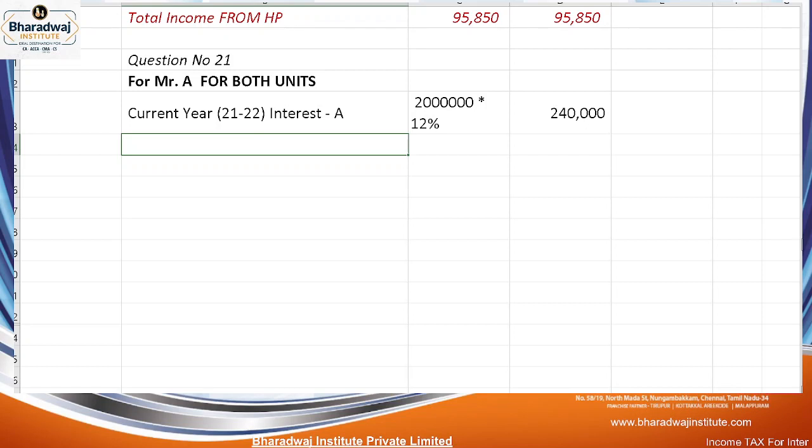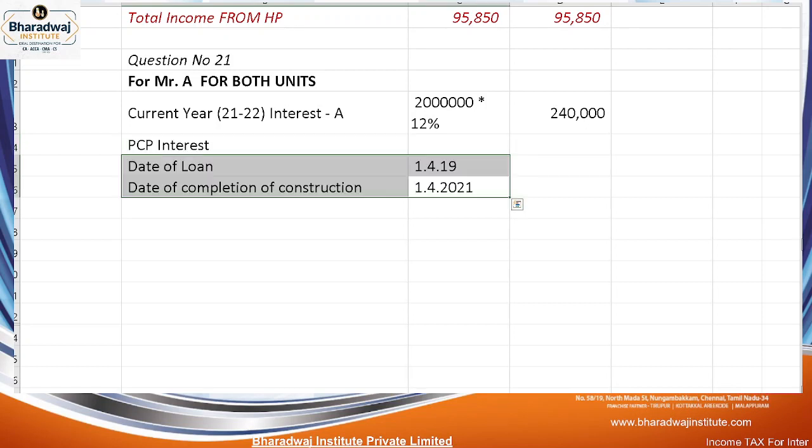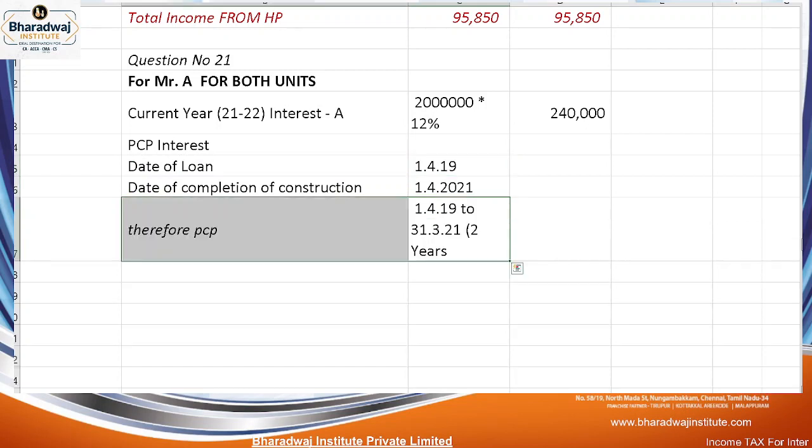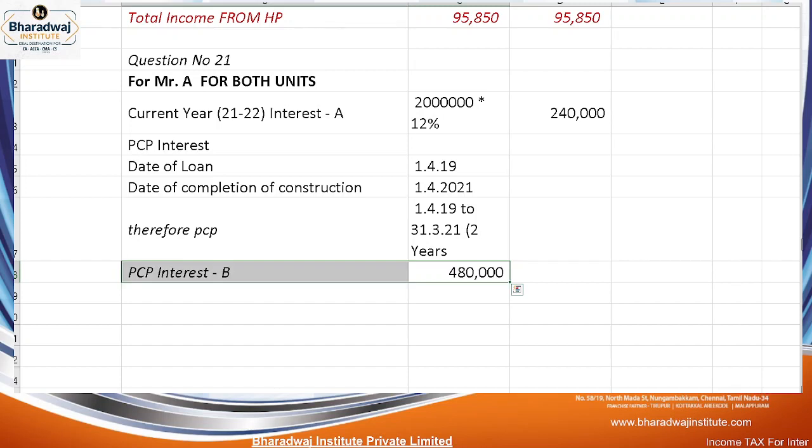Pre-construction period interest. Date of loan is 1/4/2019. Date of completion of construction is 1/4/2021. So, we can take up to 31st March 2021. So, 1st April 2019 to 31st March 2021, 2 years. So, pre-construction period interest is 20 lakhs, 12% for 2 years, 4,80,000.